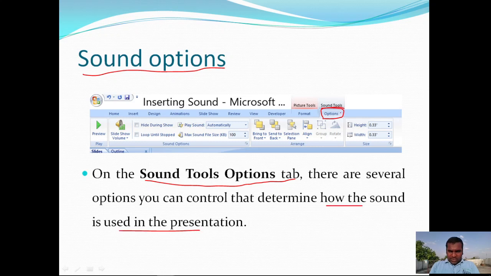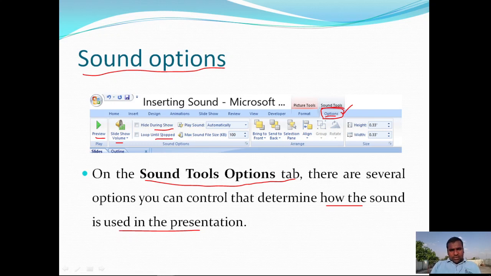With those commands, you are going to control the sound. Here you can observe in the options tab we have the preview command to listen to how the sound is going to be played. Slideshow volume is there, hide during show, loop until stopped, right?